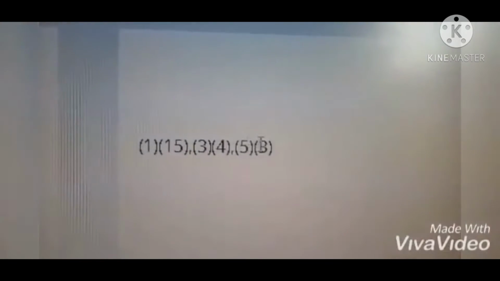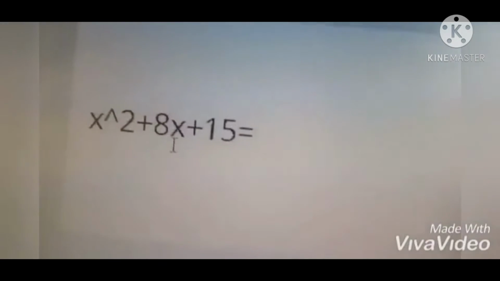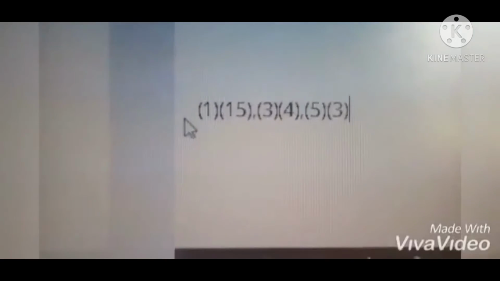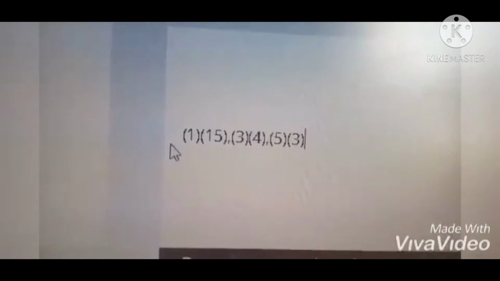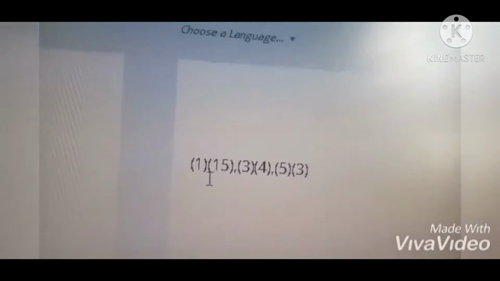Now we have to find the two numbers whose sum is 8. 15 and 1, the sum is 16. 3 and 5, the sum is 8. So we get these two.